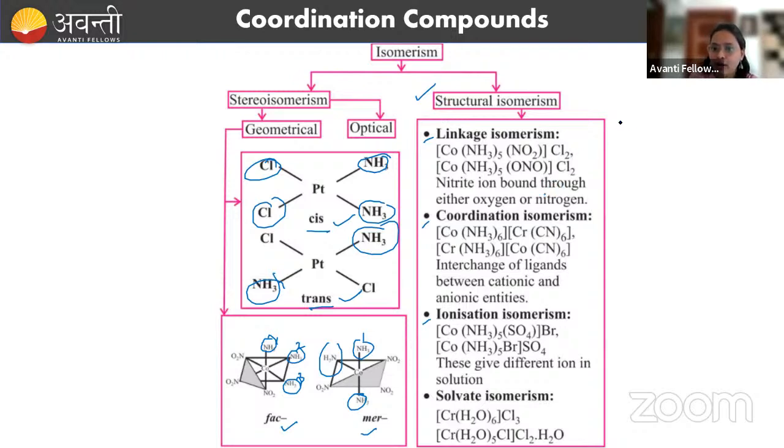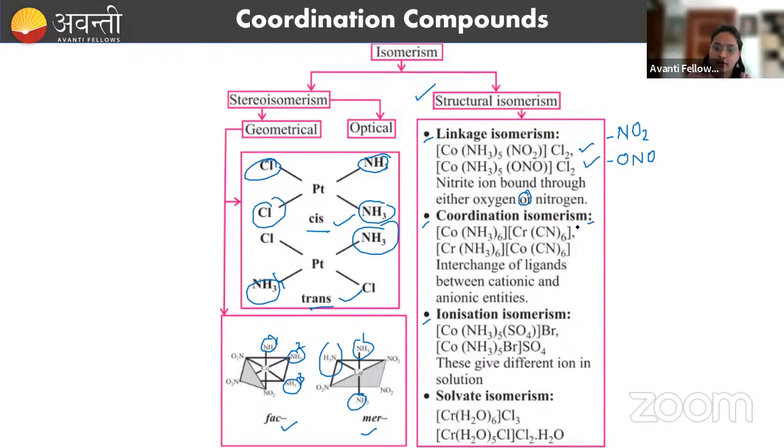So NO2 is one of our ligands. Its linking can be of 2 types: it can be ONO or it can be NO2 to the central metal atom. So their linking is different, and that's why it is going to form 2 isomers. These are the 2 isomers. Nitrite ion bound through either oxygen or nitrogen gives us linkage isomerism.